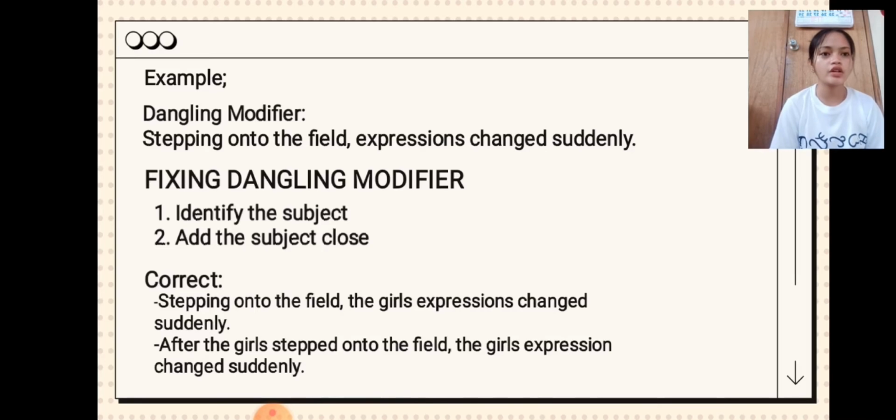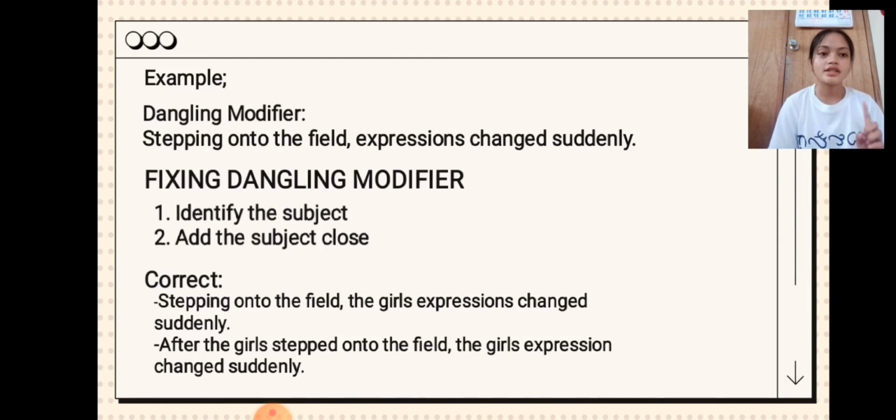The girl. Whose expression changed suddenly? The girl. As we can see from fixing the dangling modifier, we can now say that it is not incomplete anymore. So that is an example of how we can correct a dangling modifier.